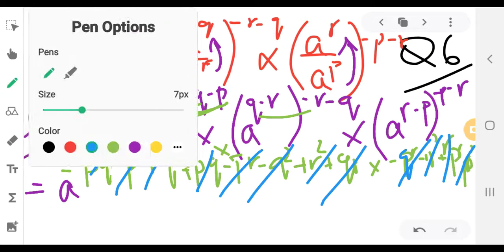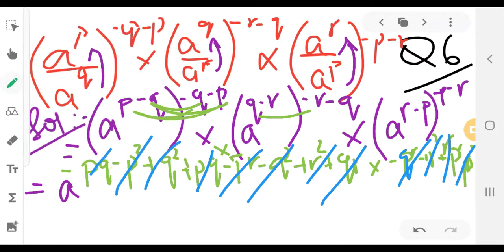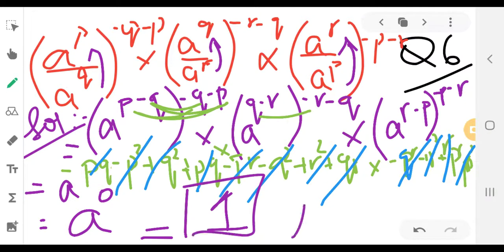So because none of the powers are left, the power will be 0, and whenever we are having the exponent 0, the entire number is turned into 1. So the answer for question number 6 is also 1.